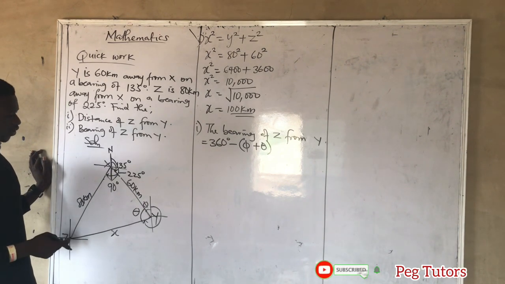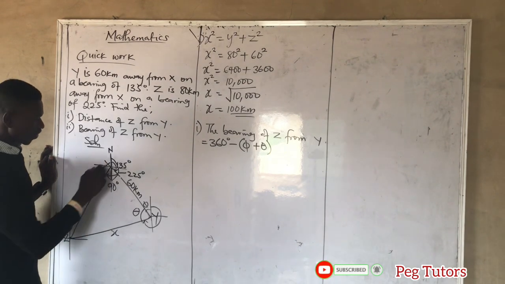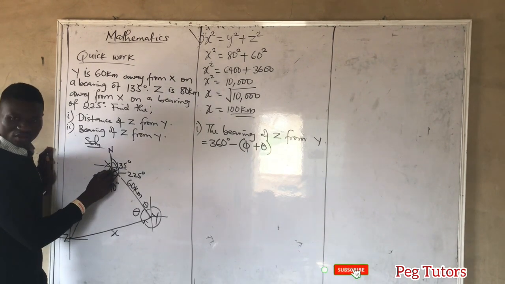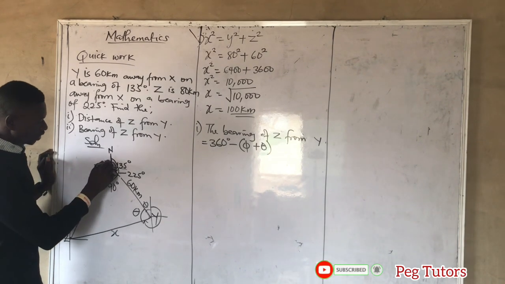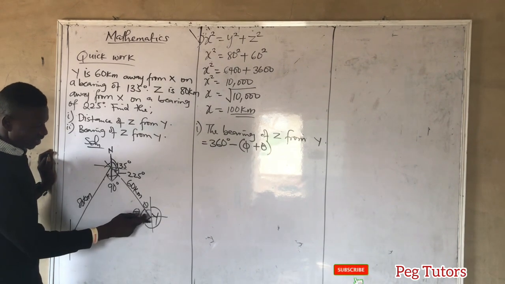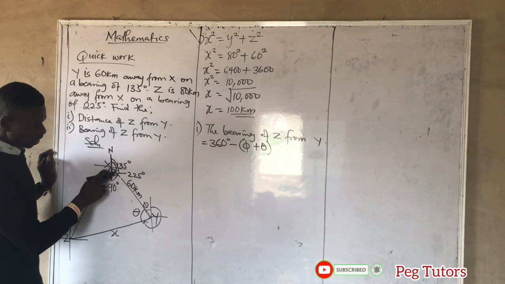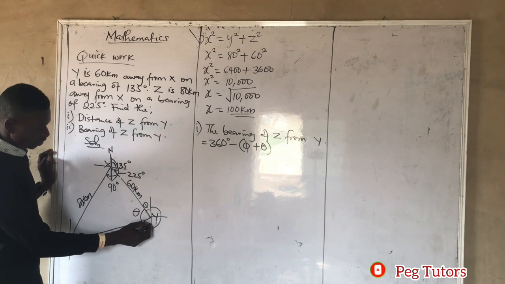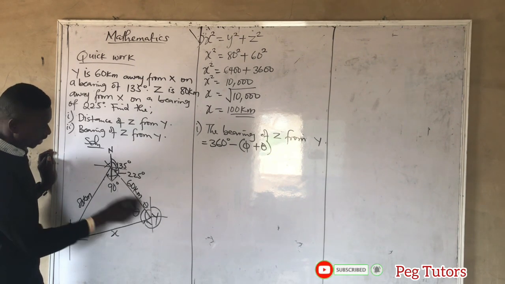Now, how do we get the value of phi? Class, I told you before now, please listen. I told you before now that from here to here is 135 degrees. Now, there is a part in this y that is alternate to that angle. Alternate to that angle is from this 180 degrees, the south, down to the line of x.